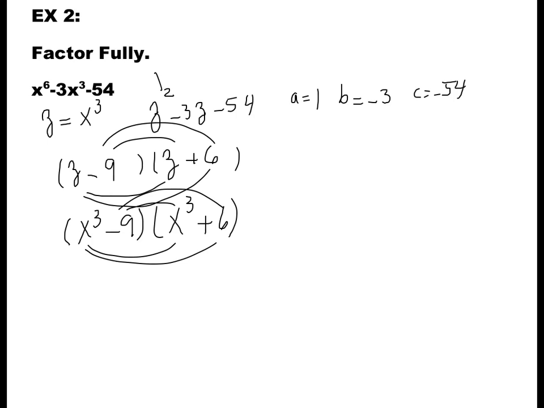X cubed times x cubed gives me x exponent 6, which is the first term. X cubed times 6 is 6x cubed, minus 9 times x cubed is minus 9x cubed, which gives me minus 3x cubed, which is this one. And minus 6 times 9 gives me negative 54, which is the last term.